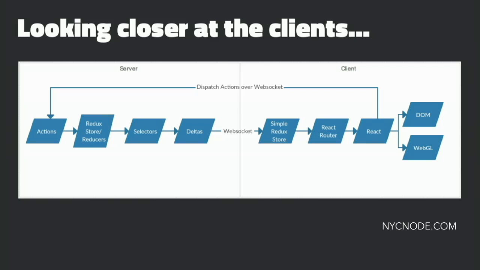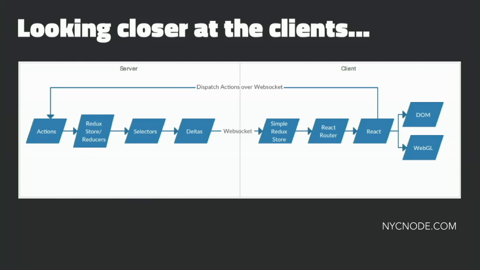So looking at the way the whole thing flows through, this is actually pretty common for multiplayer game architecture, but I don't believe Redux is used anywhere. Everything starts with actions at one side. Those go into the current state. You do calculations, and then you select the deltas from the calculations, now versus the previous time. We send that via WebSocket to the client.